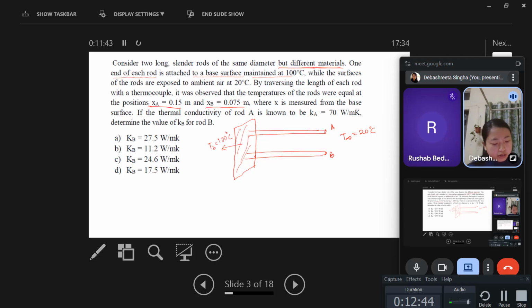That means while the temperature of both the rods was measured, it was seen that at some point at xa equal to 0.15 meter, here to here, the length is 0.15 meter.